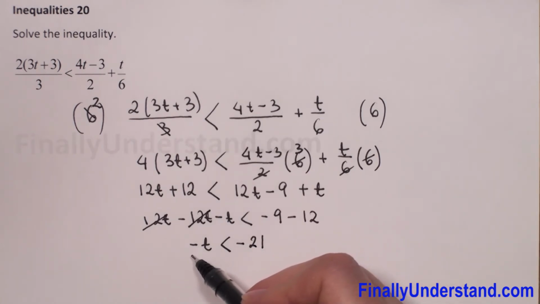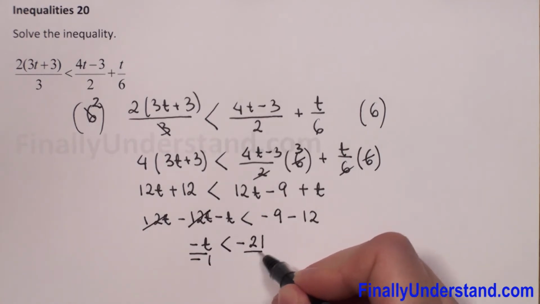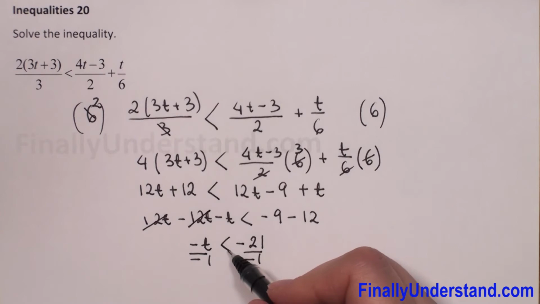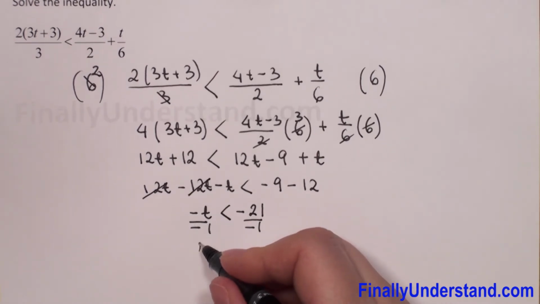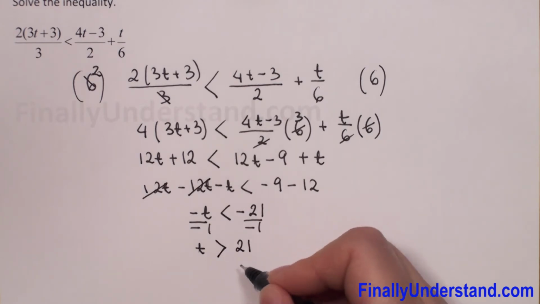To reduce negative 1, I will divide both sides by negative 1. When we divide by a negative number, we have to change the direction of the inequality. So we have t is greater than 21.